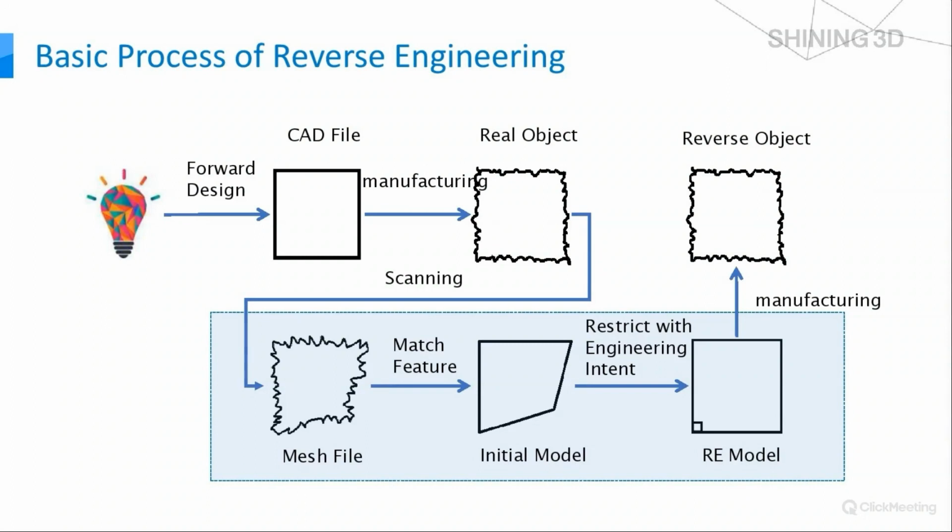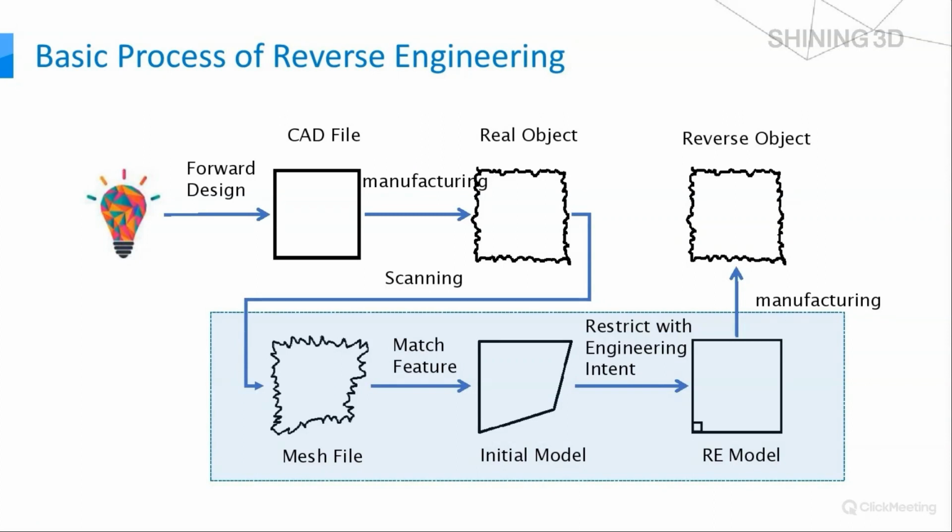It has some errors inside, while the design is more ideal. For example, in your CAD file, a surface is purely flat. There are no variations on the surface. But if you machine a surface, there will be roughness, right? So this is the error you have during manufacturing.